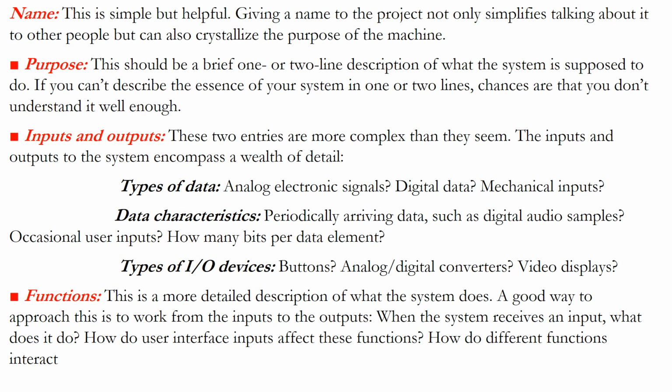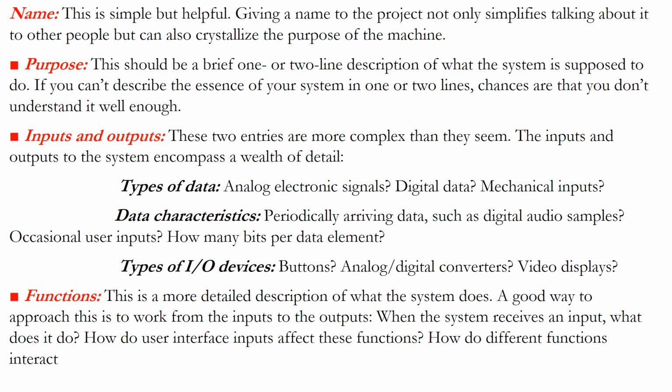So here the types of data means analog or digital data, whether we are going to give mechanical input or some electronic signal, that is an analog signal we are going to give, that we need to specify in the input section.